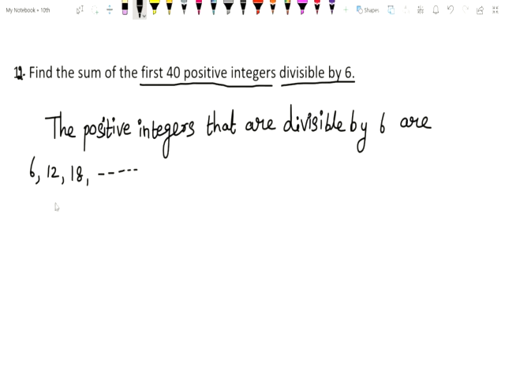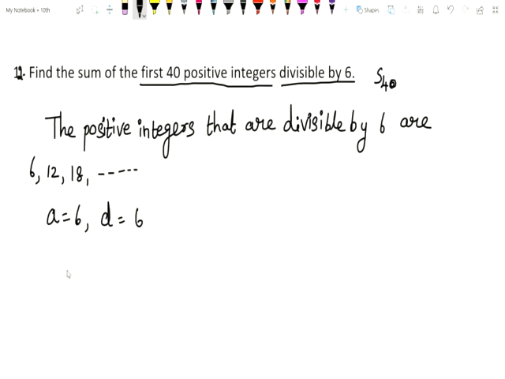So this is an AP. From this we can find A and the common difference. So here A equal to 6, D equal to 6, because 12 minus 6 you get 6 only. The common difference is 6. So we are going to find S40, the sum of 40 positive integers.